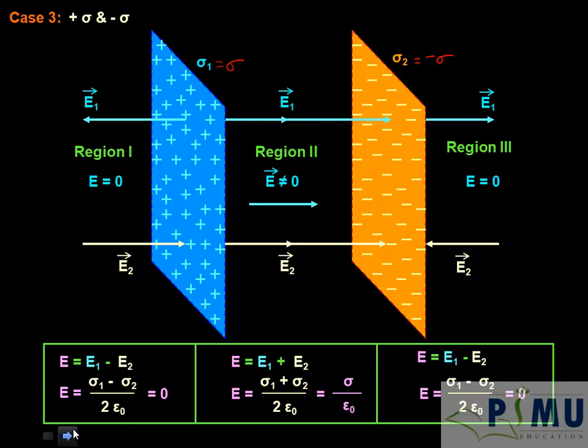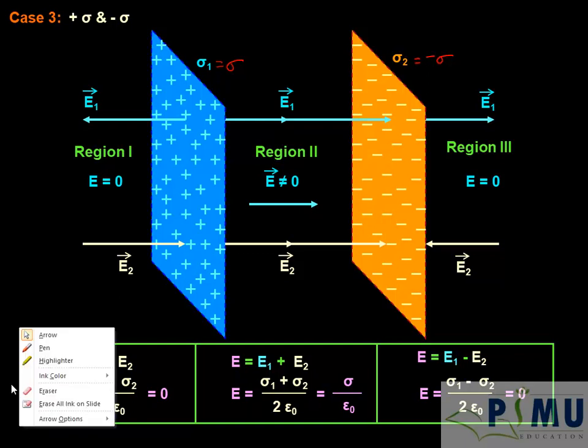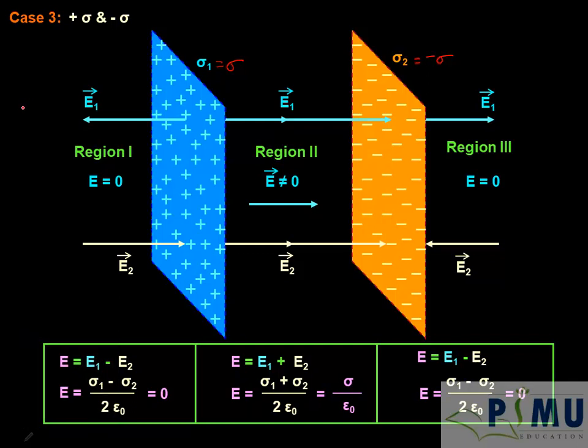So they will be having the same magnitude. It will be sigma divided by 2 epsilon naught. This will be minus sigma divided by 2 epsilon naught. You have to add these two, so that it will become 0. Here also sigma by 2 epsilon naught. This will be minus sigma by 2 epsilon naught. Again it will be 0.